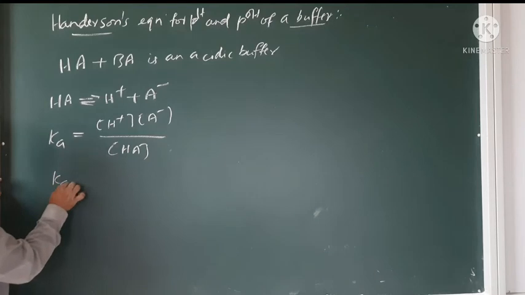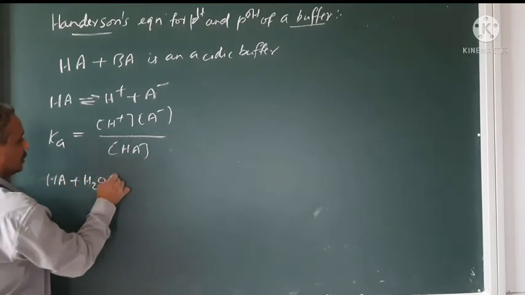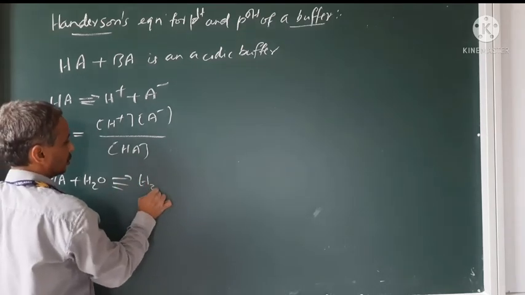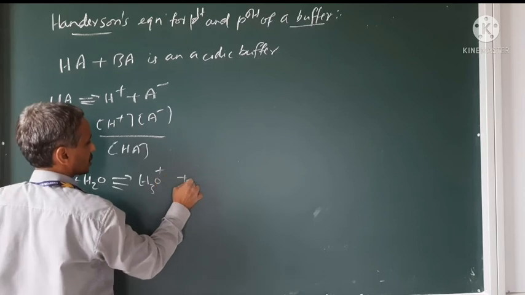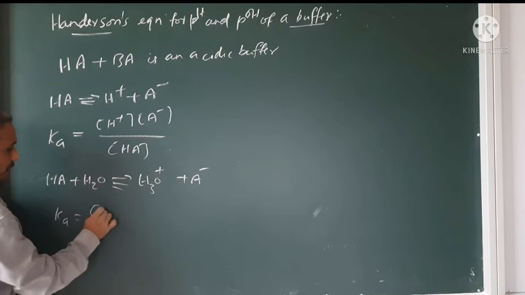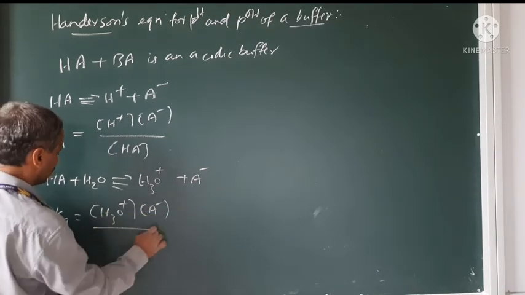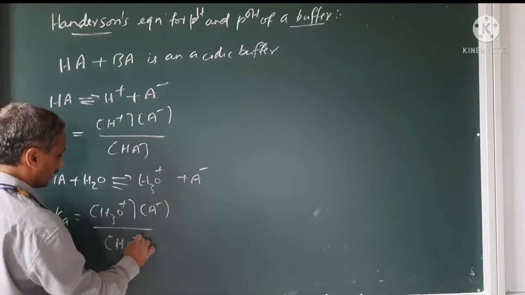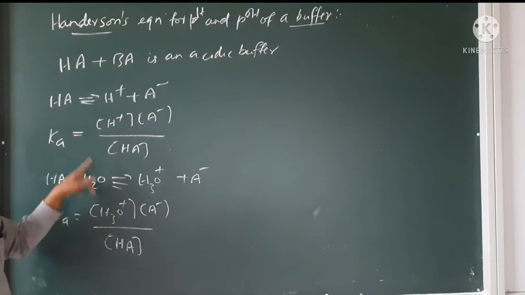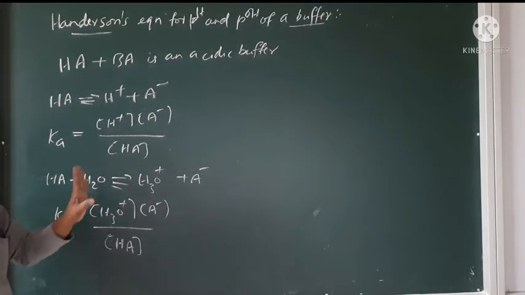Then Ka is equal to H3O plus concentration into A minus concentration divided by HA concentration. You should know them both. Sometimes in the exam paper it will be like this only. Then don't say, sir did not explain.